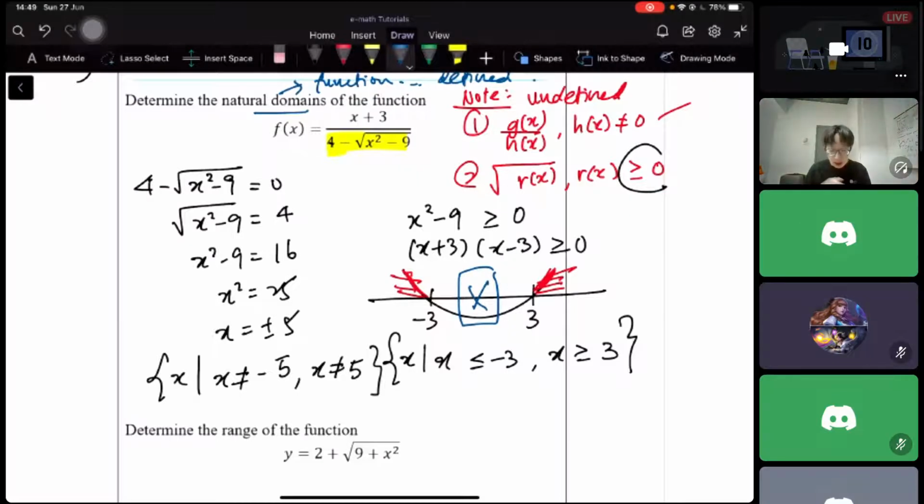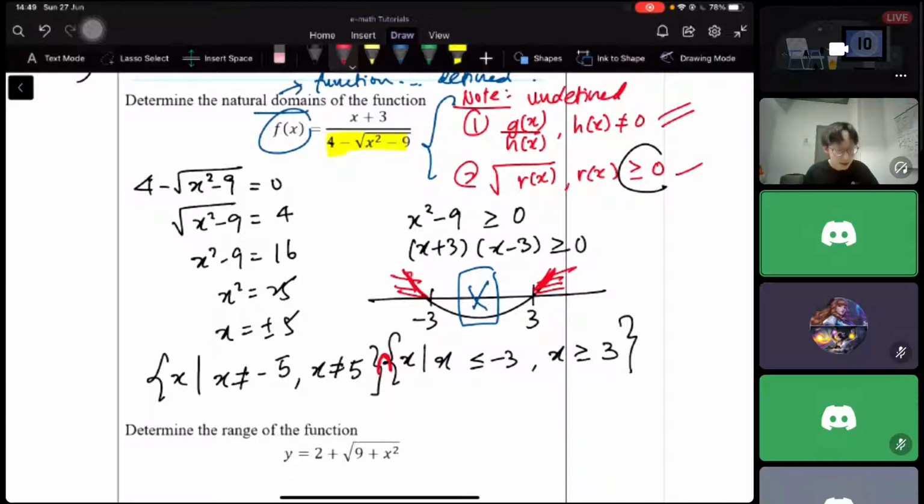Okay, but do you notice that this f(x), you need to take into consideration both conditions here. So you just go ahead and find the intersection between these two sets. Remember I told you, whenever you talk about function, branch and domains of function, they are sets. So I want to fulfill both conditions.